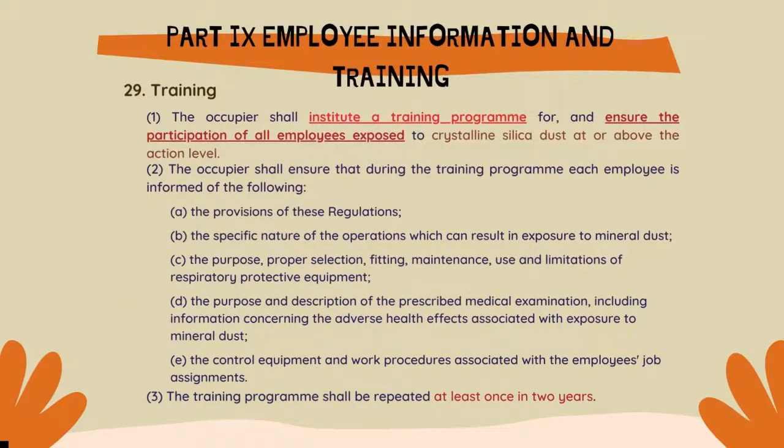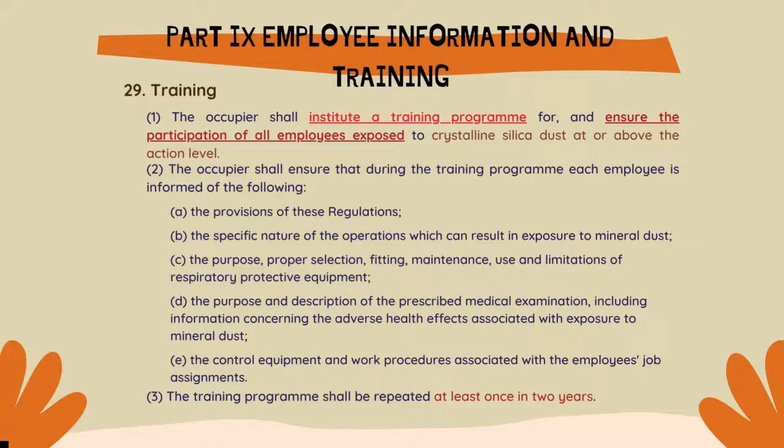Regulation 29, Training. First, the occupier shall institute a training program and ensure the participation of all employees exposed to crystalline silica dust at or above the action level. Second, the occupier shall ensure that during the training program, each employee is informed of the following: A. Provisions of this regulation. B. Specific nature of operations which can result in exposure to mineral dust.